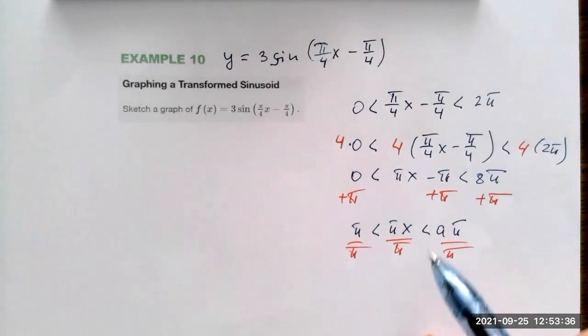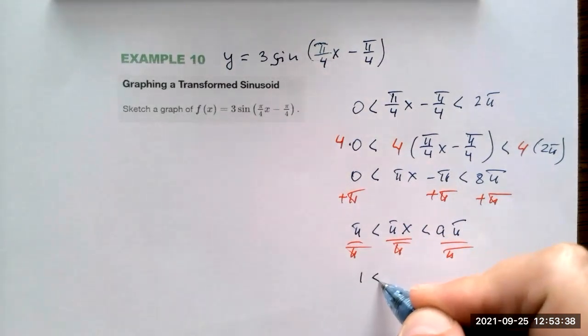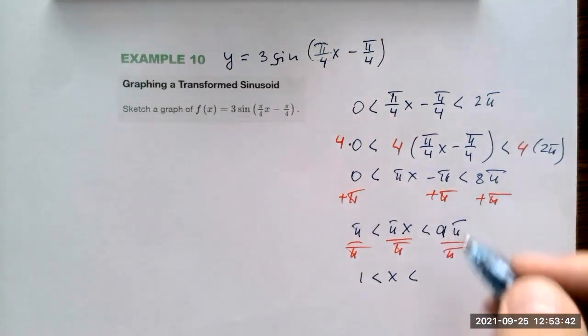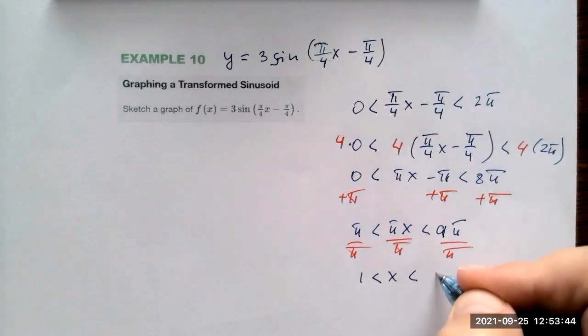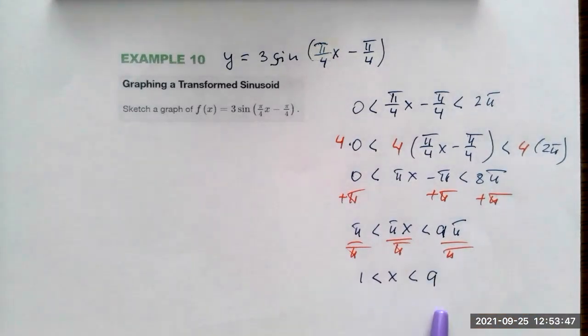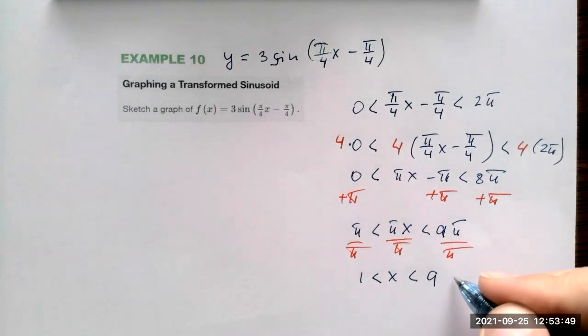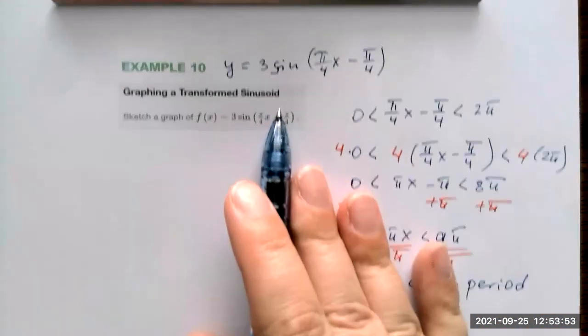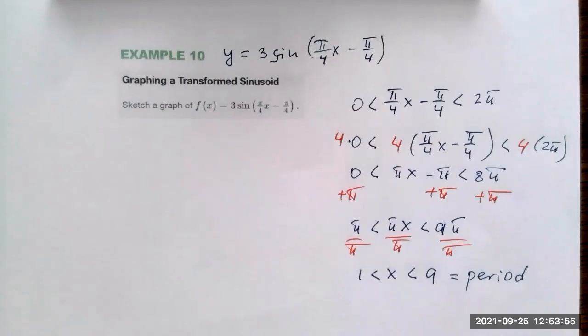So I'm going to have x is between 1 and 9. So this gives me my period. So the period of my function. Okay. Now, so we could start actually graphing.